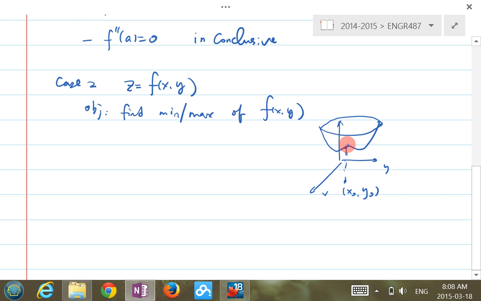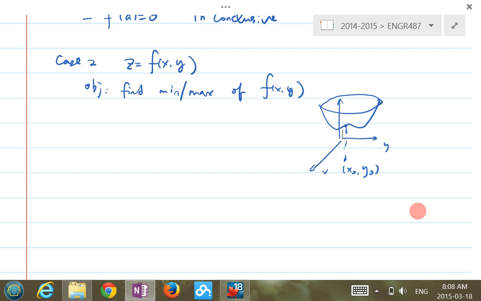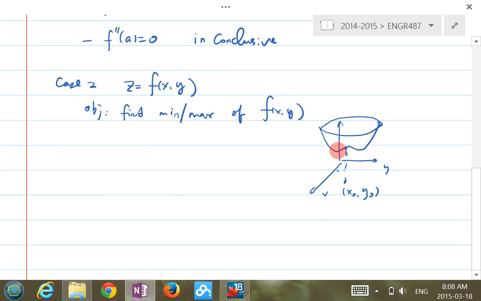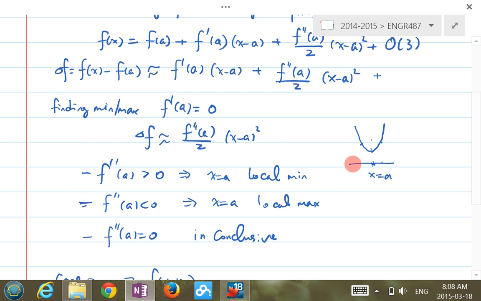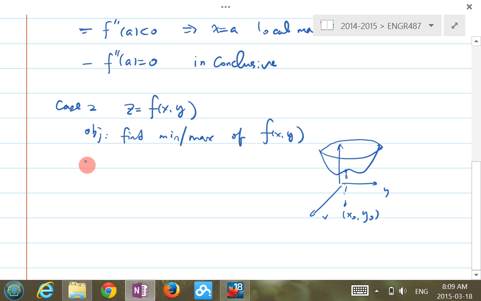As we learned in 248, we use the same idea as in the one-variable case. You have a first derivative test and a second derivative test, right? But in this case, the first derivative test is not just the derivative of f, it's the gradient.